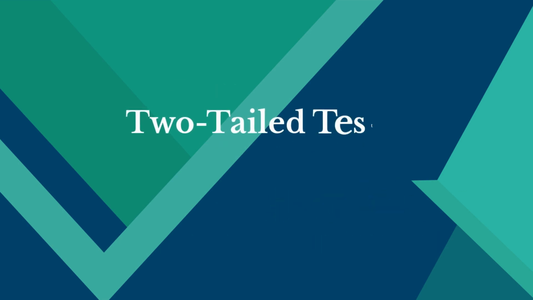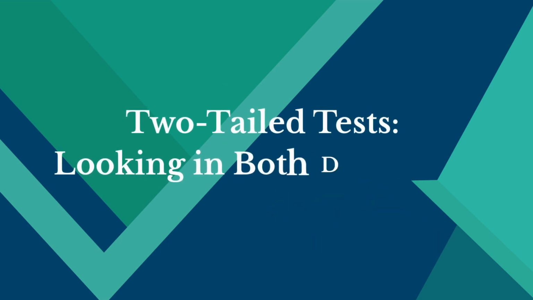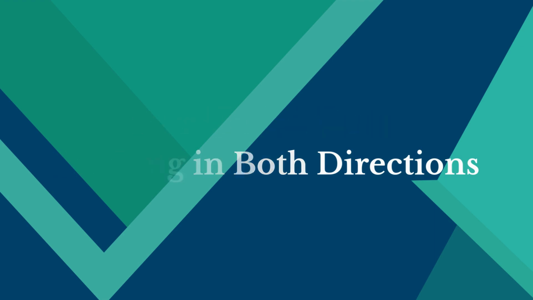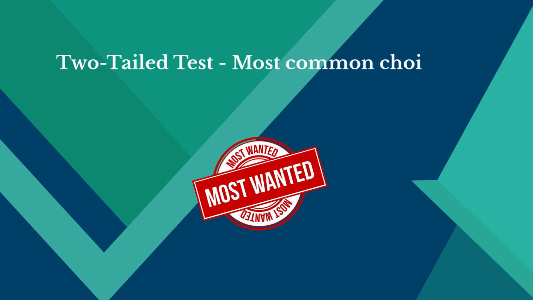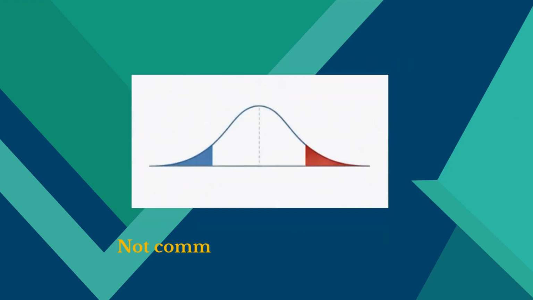But what if you don't want to ignore half of the distribution? What if you care about surprises in either direction, positive or negative? That brings us to the two-tailed test. This is the most common choice in statistics, and for good reason. In a two-tailed test, you are not committing to a single direction.